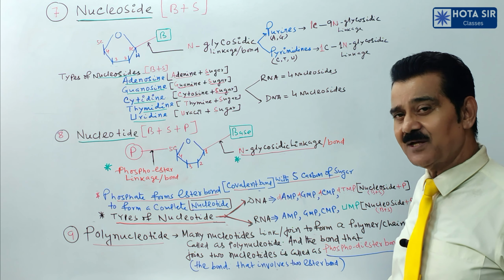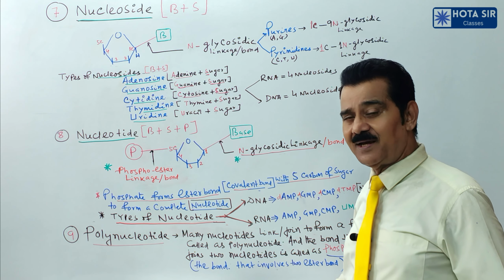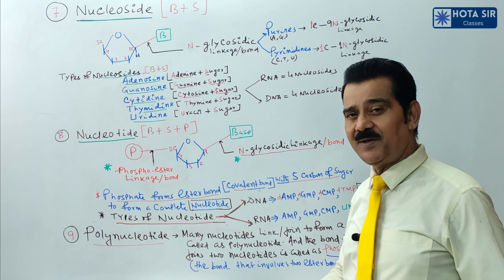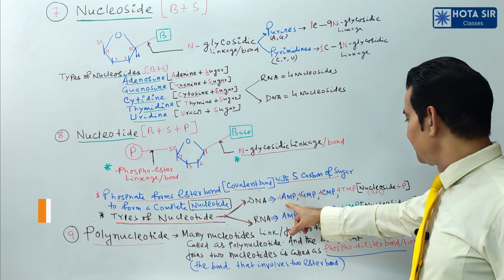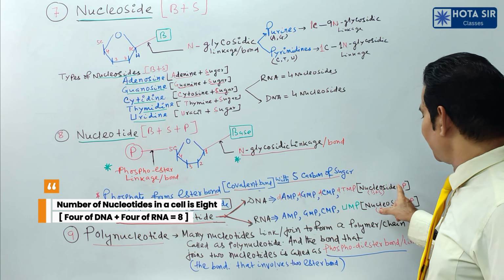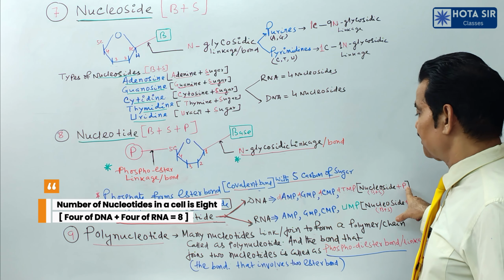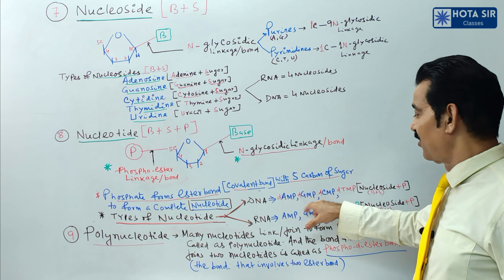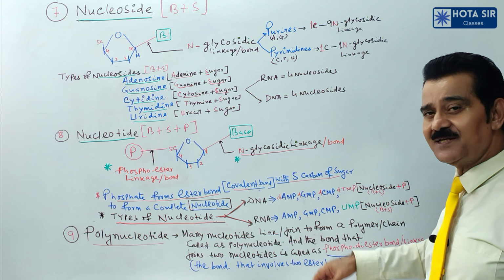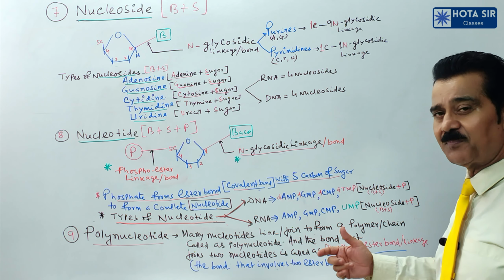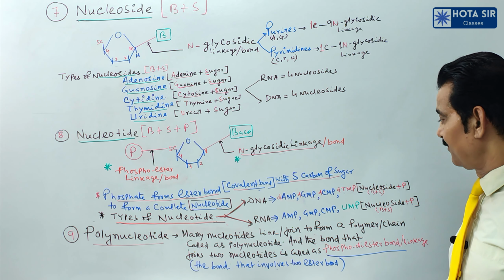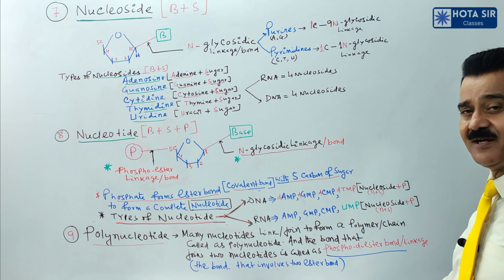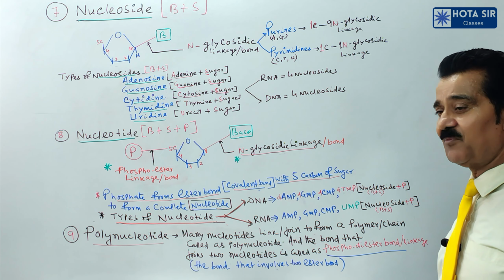The question is asked, how many nucleotides are there in a cell? The answer will be 8, my dear children. Now AMP means nucleoside plus phosphate, adenosine plus phosphate, that is adenosine monophosphate. Guanosine is a nucleoside, guanosine plus phosphate, guanosine monophosphate. Clear or not? Then similarly cytidine monophosphate and thymidine monophosphate.